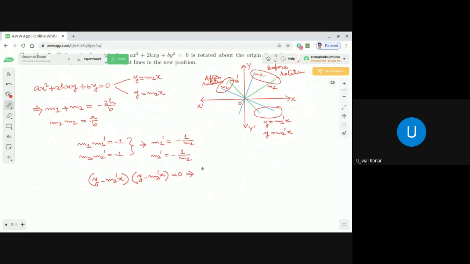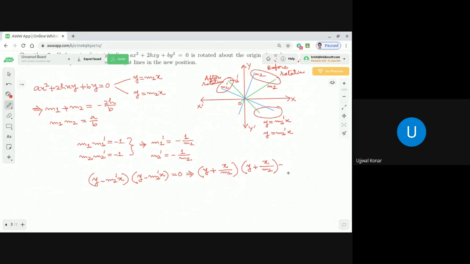That implies y minus m1 dash x means y plus x by m1, into y plus x by m2, that is equal to 0. Correct, dear students?